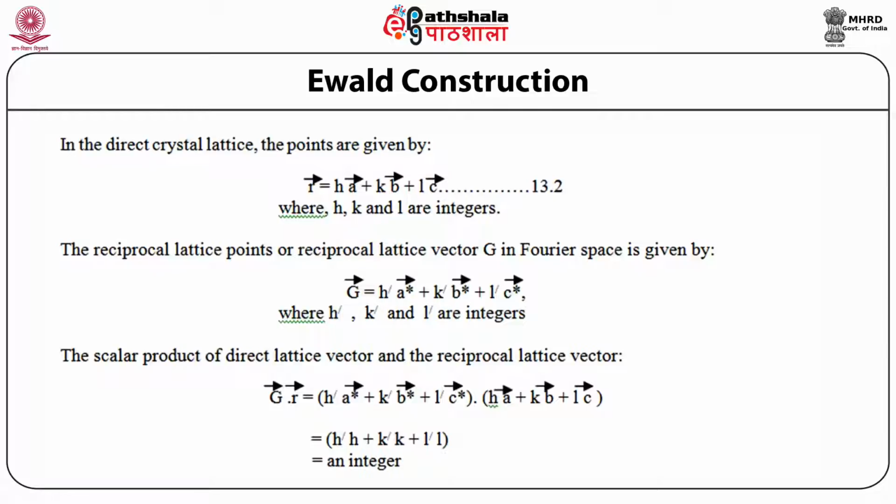The scalar product of the reciprocal lattice vector G and the direct lattice vector R, G dot R, is equal to h' A star plus k' B star plus l' C star dot h A plus k B plus l C, which is equal to h'h plus k'k plus l'l, which is also an integer.